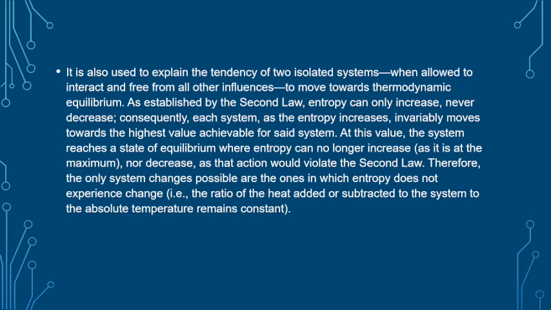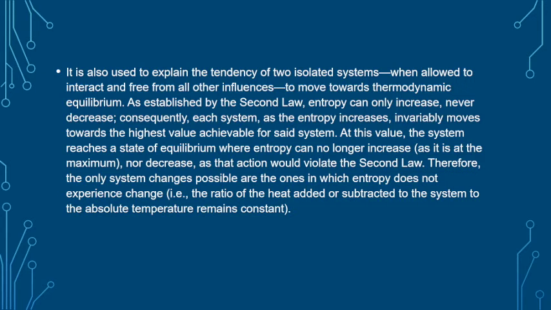It is also used to explain the tendency of two isolated systems, when allowed to interact and free from all other influences, to move towards thermodynamic equilibrium. As established by the second law, entropy can only increase, never decrease. Consequently, each system, as its entropy increases, invariably moves towards the highest value achievable for that system.